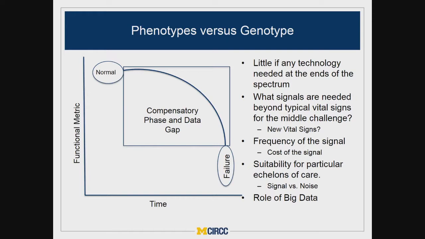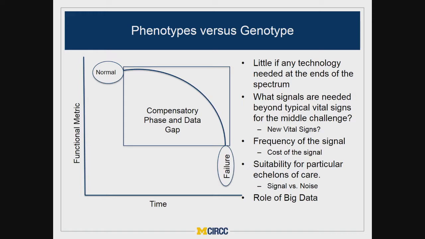Part of our problem in emergency medicine and critical care is predicting who's going to go south, who's going to crump. So you don't need big data or lots of technology for people on the upper part of the curve here.